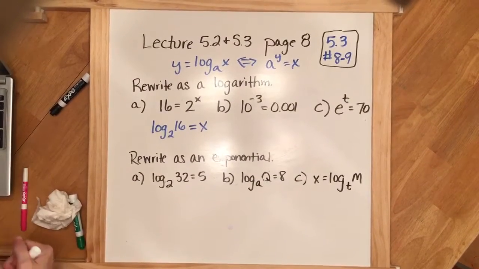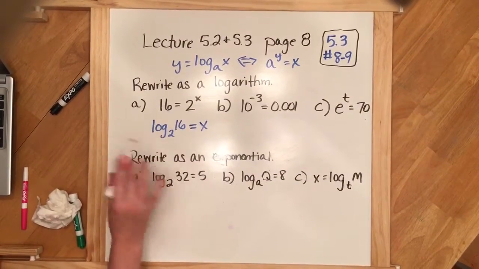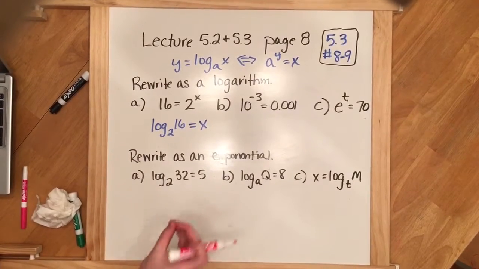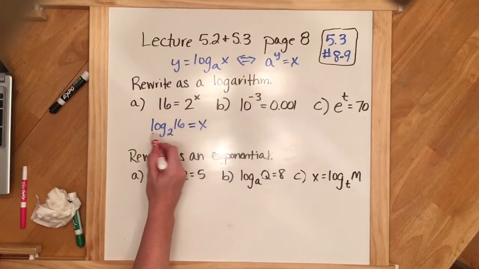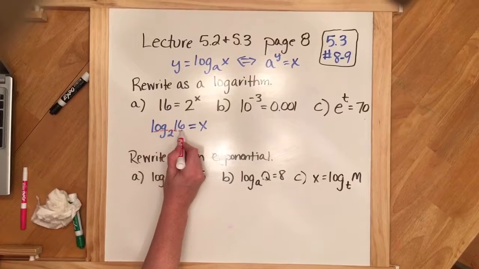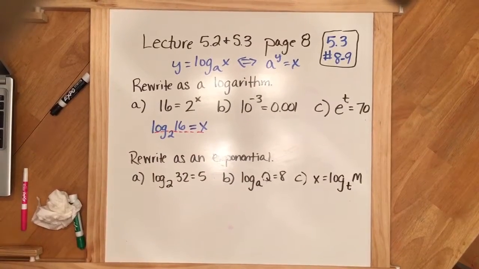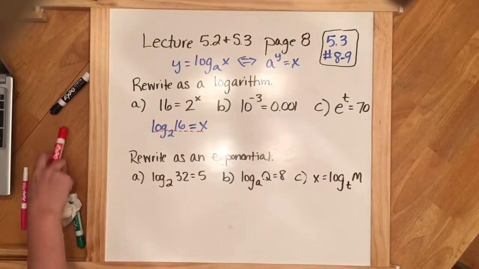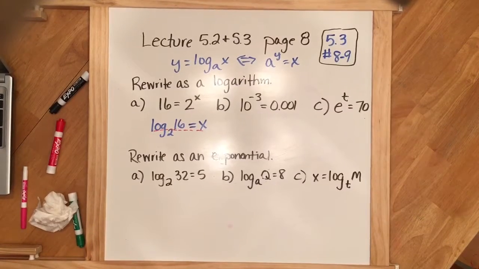Just to make sure you're writing these properly in your notes, because sometimes it's hard to tell what's a subscript, what's normal, and what's a superscript: the log 16 equals x is all on one level, and then the 2 would be written as a subscript.